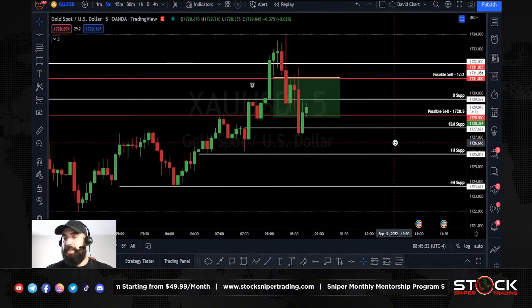Okay, so it's sitting at a key level in between 1728.5 and the daily. I personally think that we might be able to get a short-term pullback again below 28.5, but let's just watch and see here how this 5-minute candle goes.